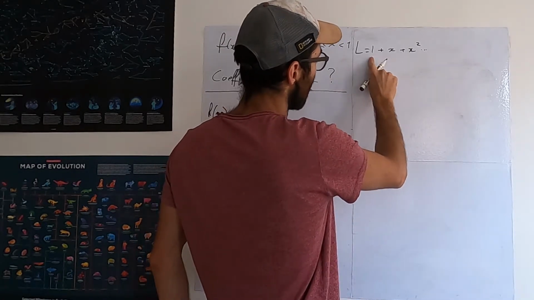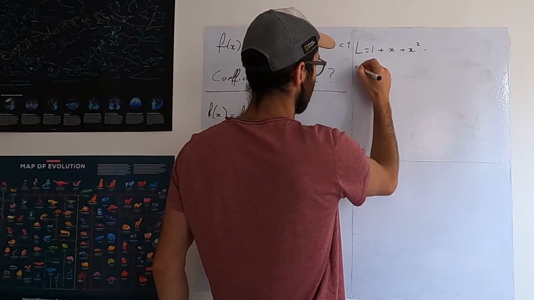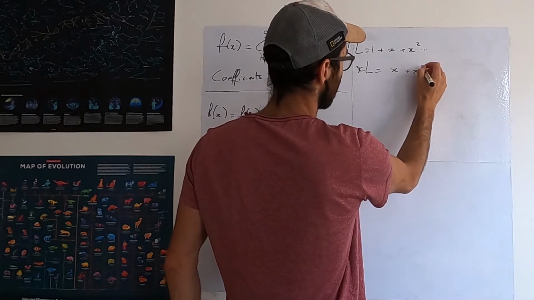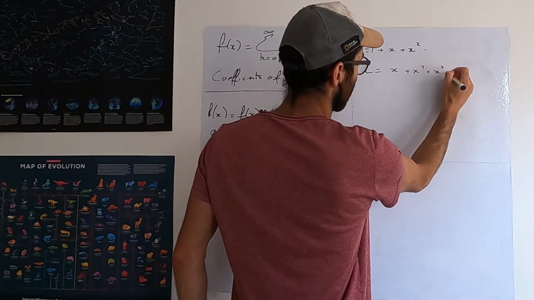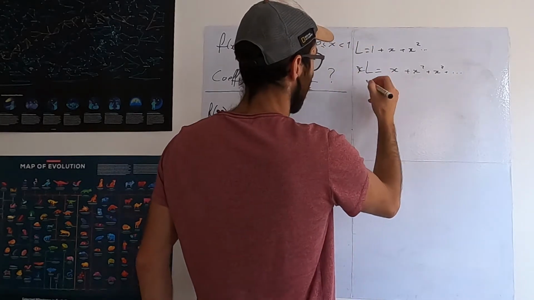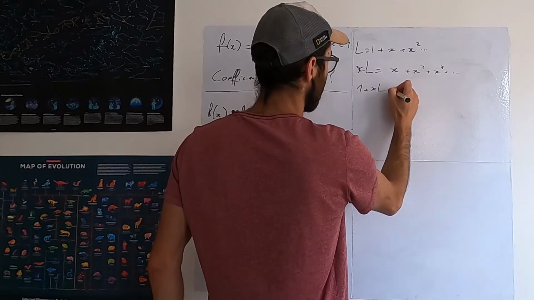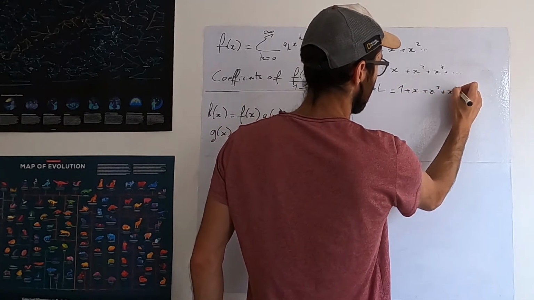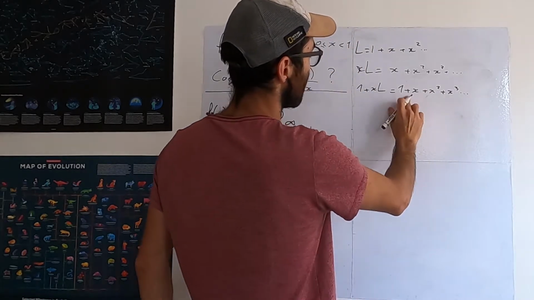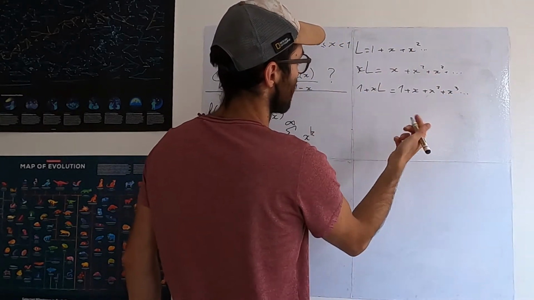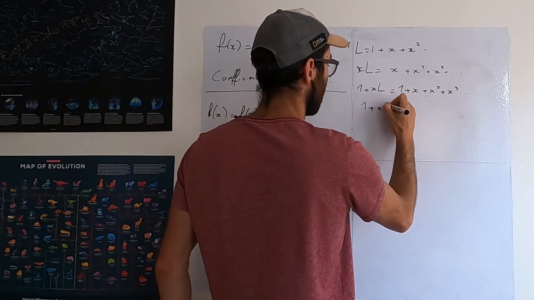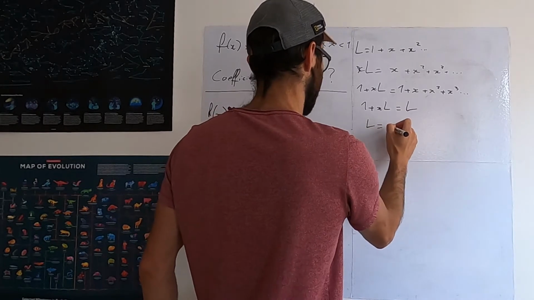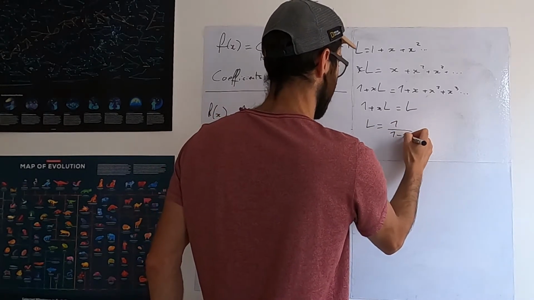If I multiply by x, I get xL equal to x plus x^2 plus x^3, etc., to infinity, and I add 1, so 1 plus xL is 1 plus x plus x^2 plus x^3, etc. And now you notice that this is exactly what we started with, so we can write 1 plus xL equals L. Then if you just rearrange these terms, you find that L is equal to 1 over 1 minus x.